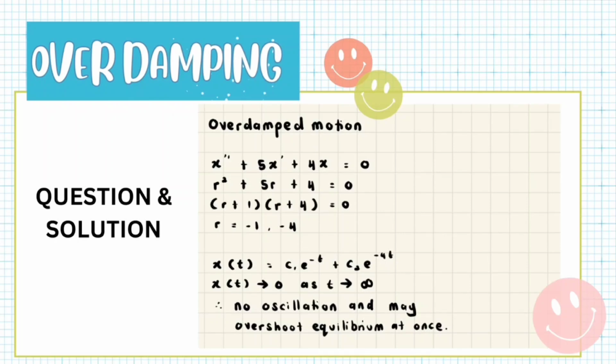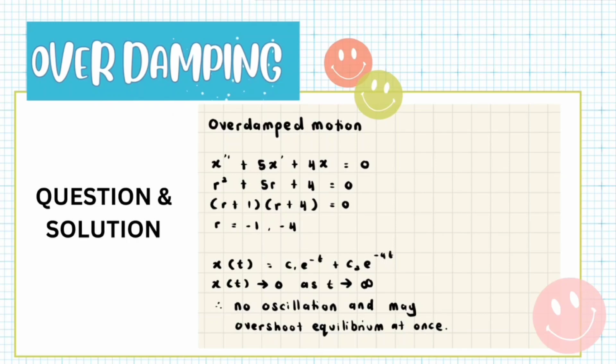Then, we get the roots r equal to negative 1 and negative 4. With this information, we can immediately write down the form of the solution, which is x(t) equal to c1 e to the power of negative t plus c2 e to the power of negative 4t.